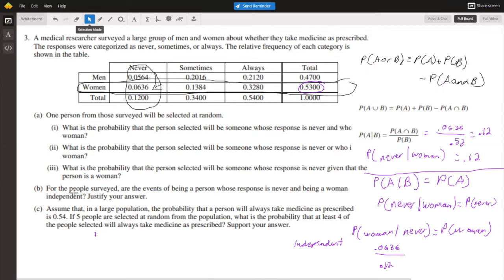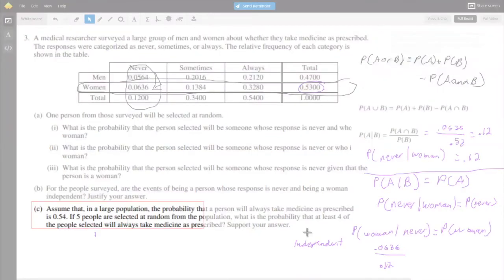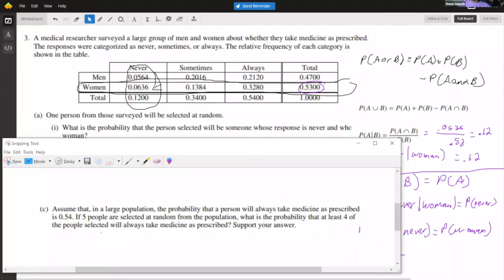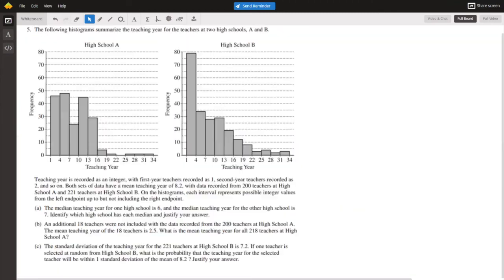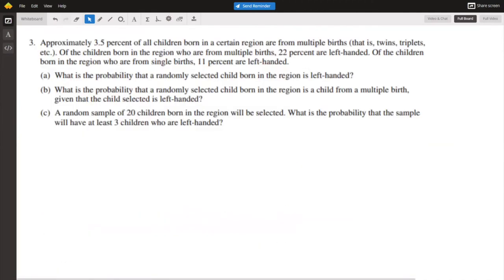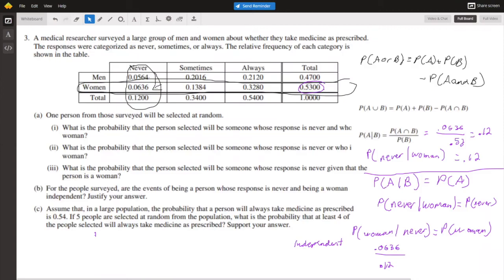Could we do a binomial CDF here? Can we? Because we have trials, which would be 5. We have a probability value of 0.54 and an X value of 4. So we got a fixed number of trials, we got a fixed probability, and you have to label these if you do want to use the binomial.